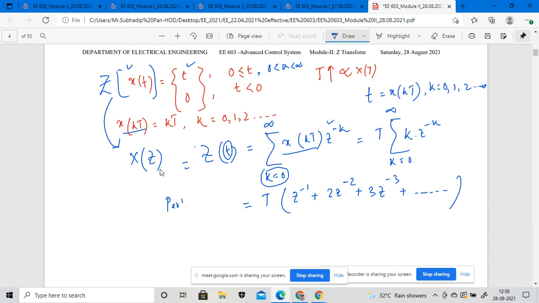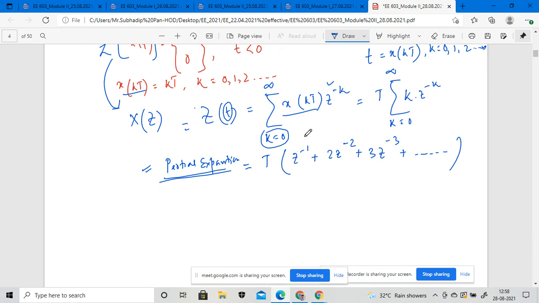We are considering the series expansion, as in a mathematical equation. So try to read the series expansion method in Mathematics 3. This will be the simplified form of this particular Z transformation function, right?